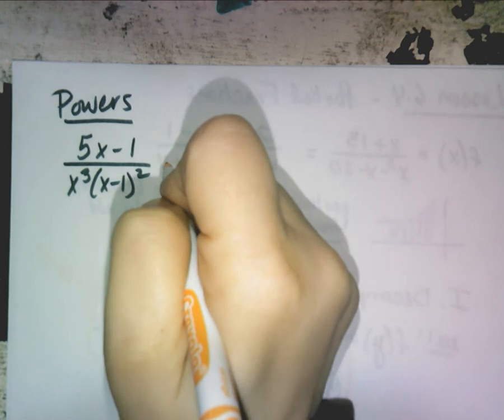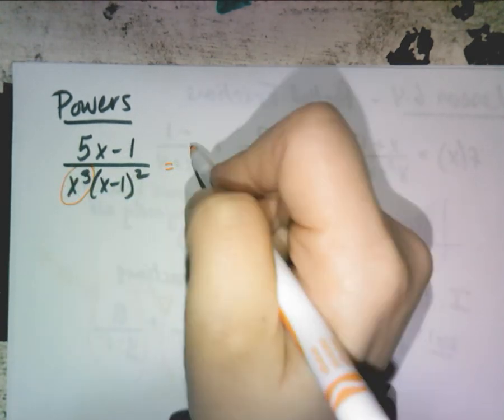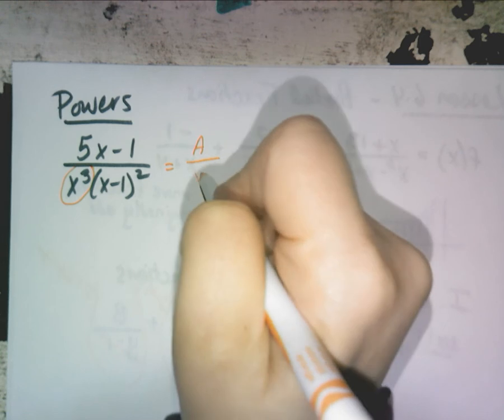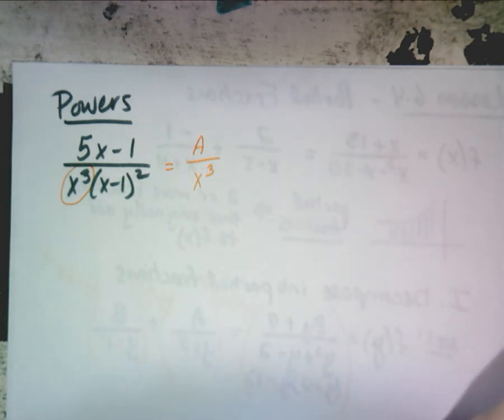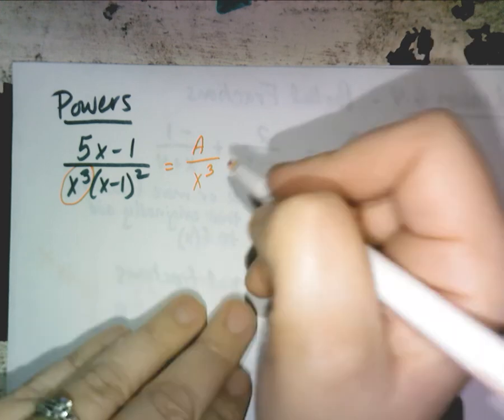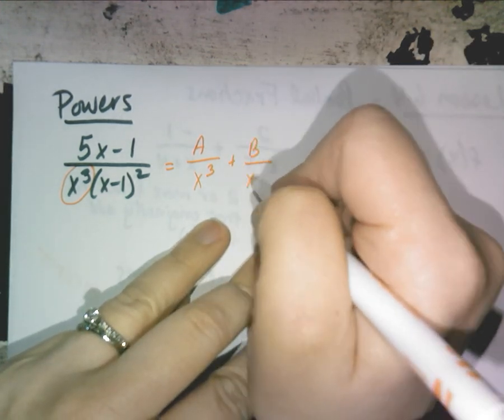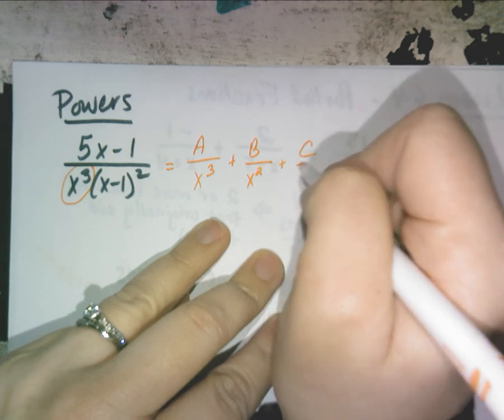What you would actually do is you would take this factor and you'd write it as A over x cubed. Totally do that. But then you actually have to include B over x squared and C over x to the 1.